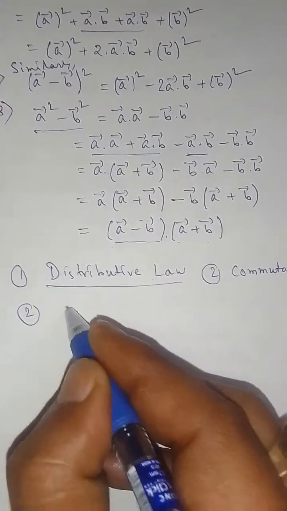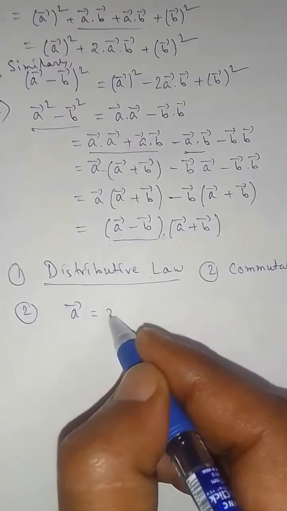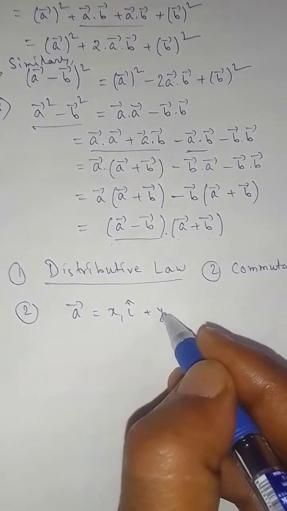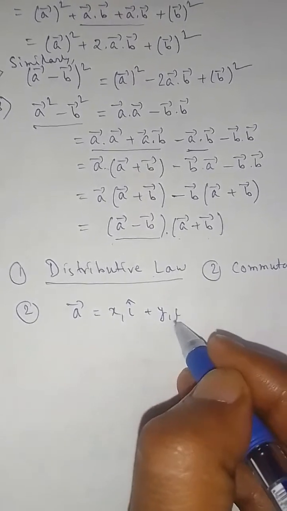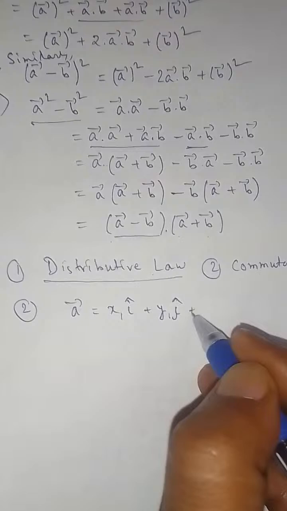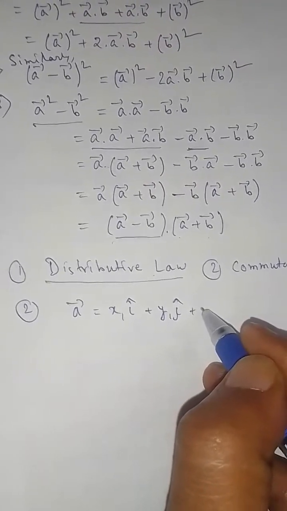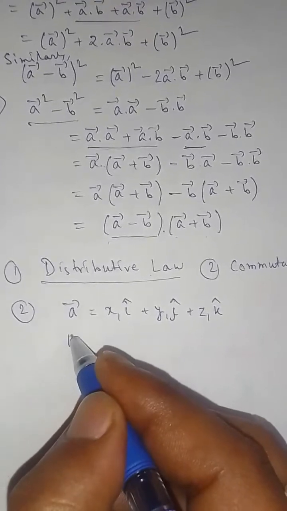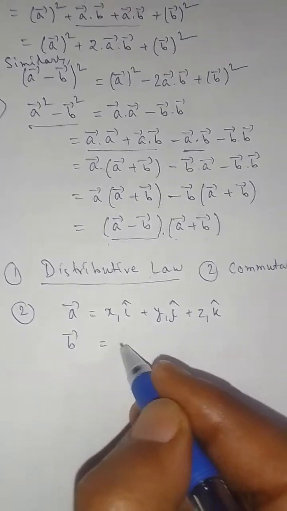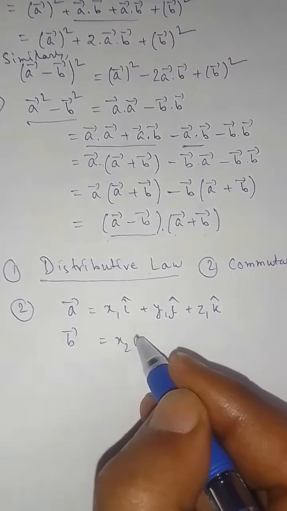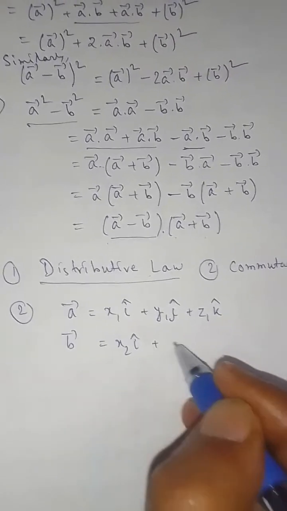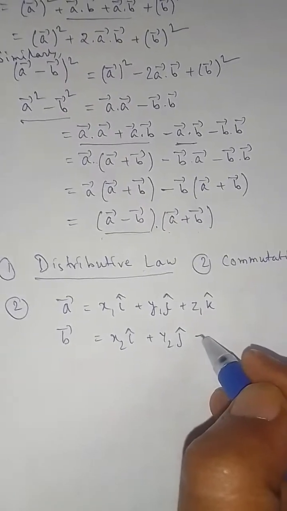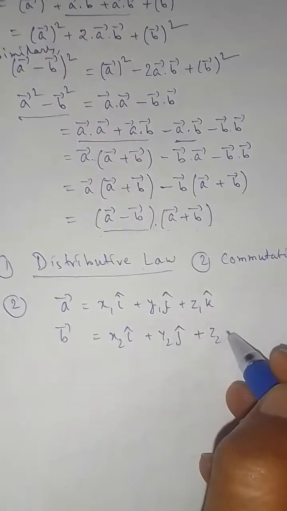If we take a vector is equal to x1 i cap plus y1 j cap plus z1 k cap, and b vector is equal to x2 i cap plus y2 j cap plus z2 k cap.